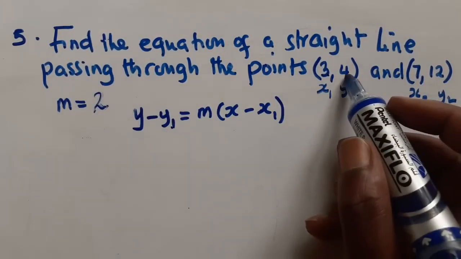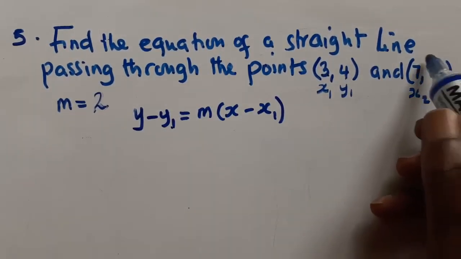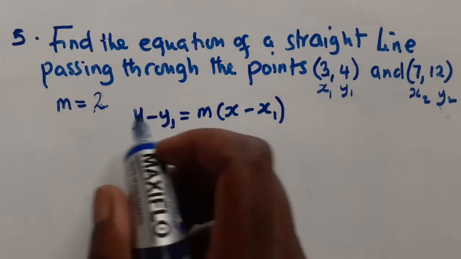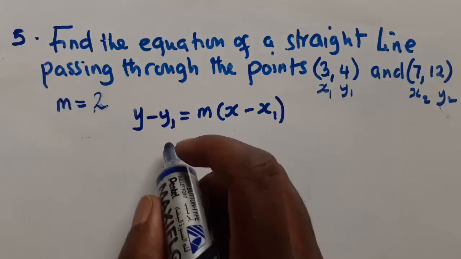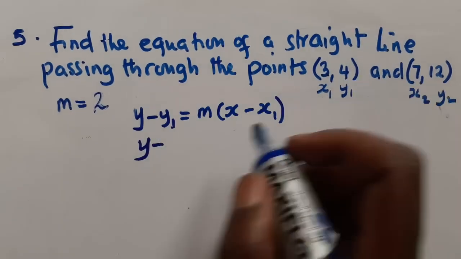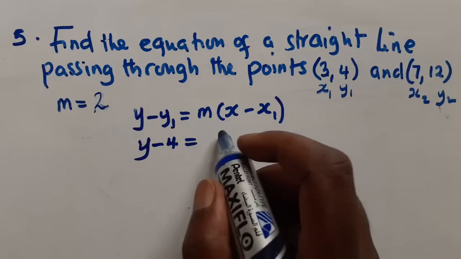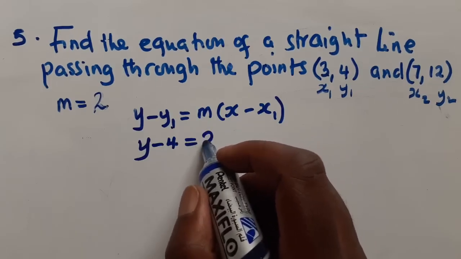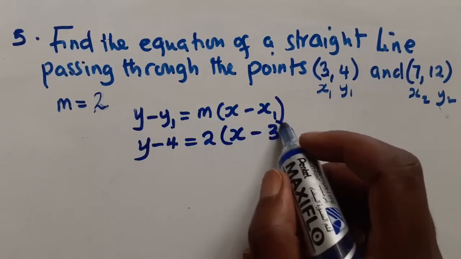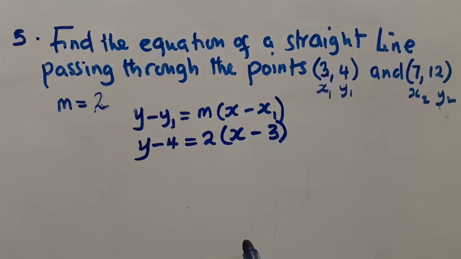Our y1 is going to be 4. If you want, you can pick these coordinates. You'll still get the same equation. Our m is the gradient, which is 2. So we go on and replace y minus y1, which is 4, is equals to 2(x minus 3) here. All right.